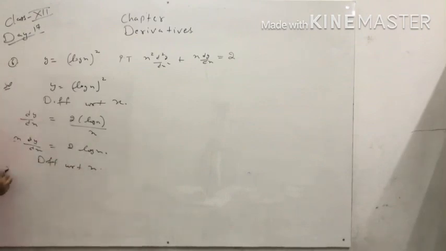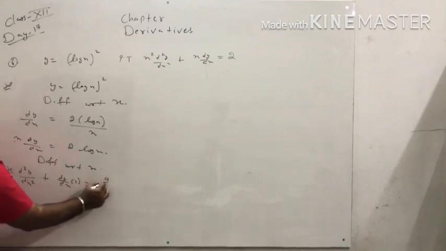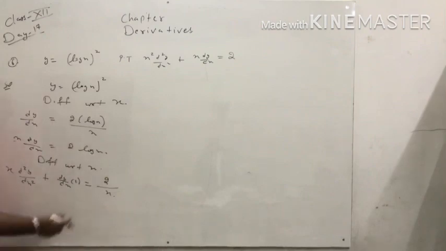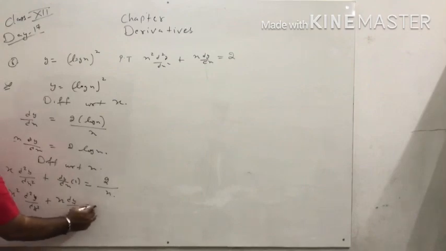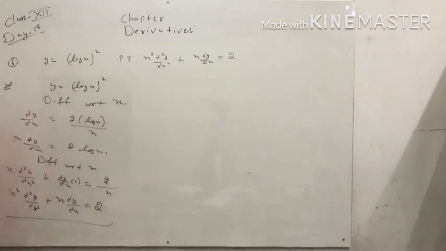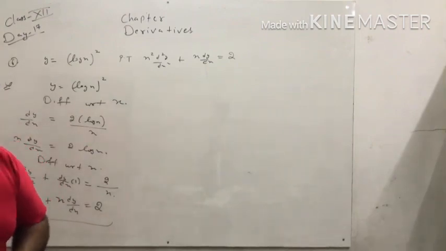Now two terms: first same, the derivative of second, plus second term same, the derivative of first, the derivative of log x is 1 over x. Now again shift this x to left side. This becomes x square d square y upon dx square plus x dy/dx equals to 2. So this is the end of the concept for today.